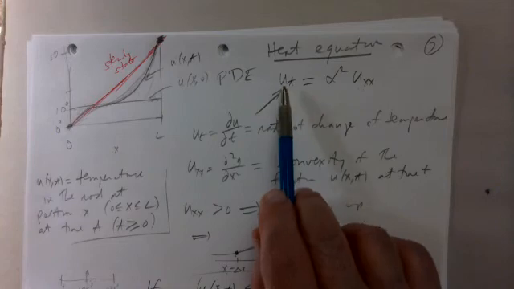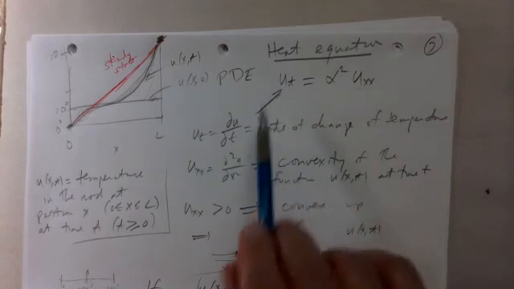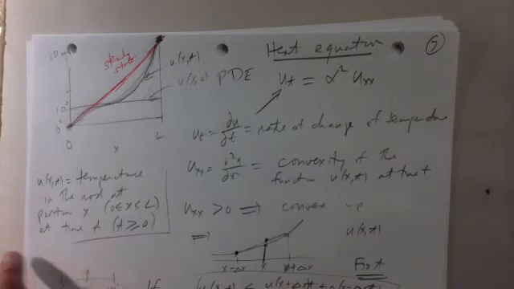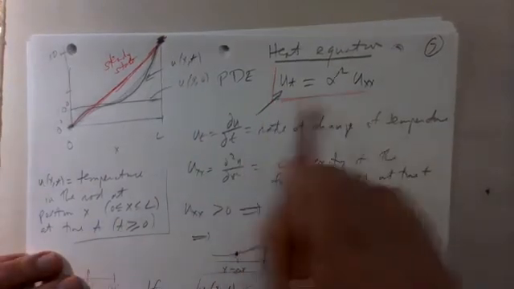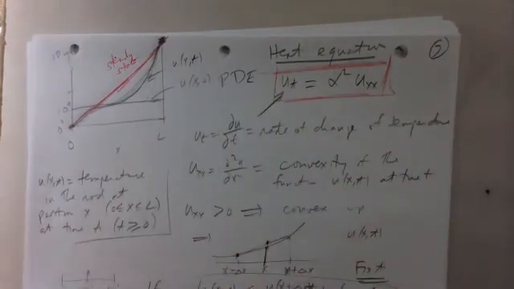It's getting hotter. The temperature is increasing. If the curve is convex down, this is negative. The partial of u with respect to t is negative, so the rod is cooling. That's the information we get.